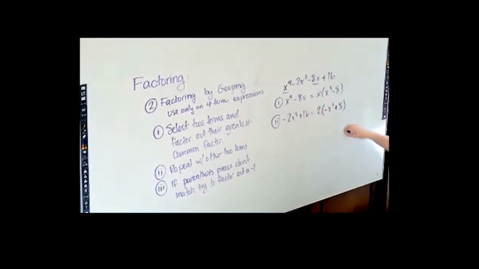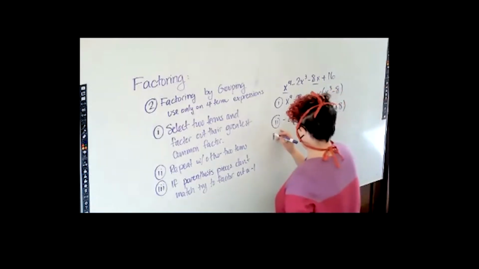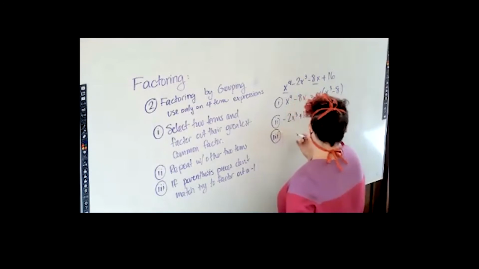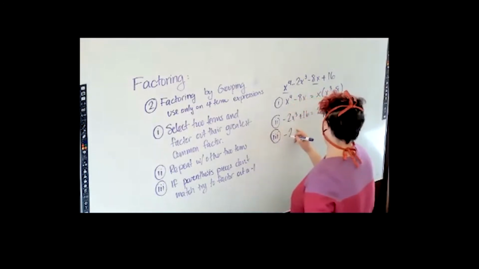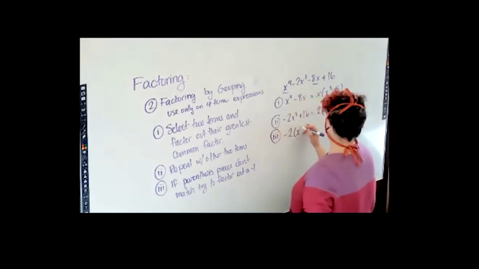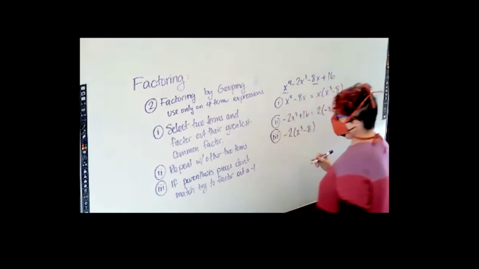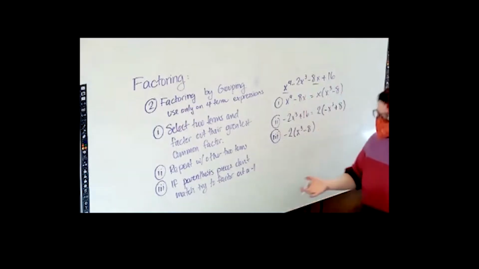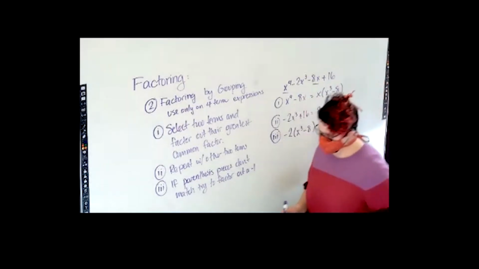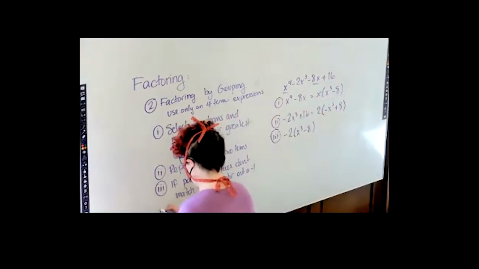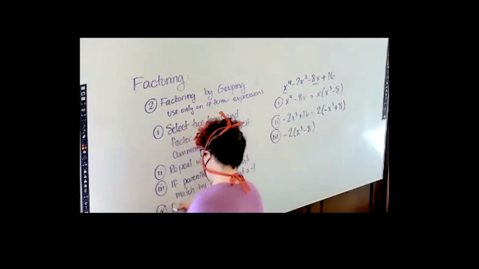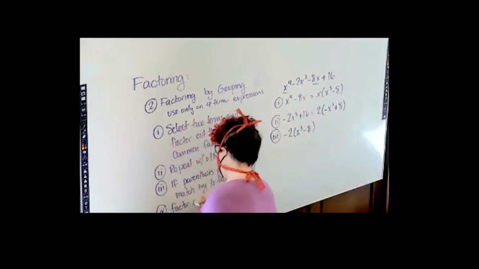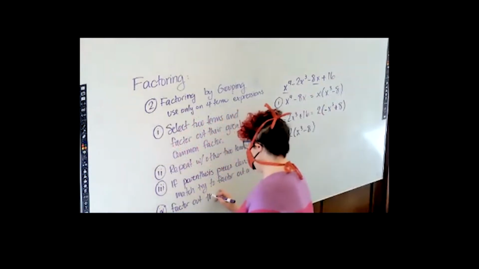But if they don't match a little, like this, factor out a negative 1. So that would be negative 2 times x cubed minus 8. I'm trying to demonstrate the mistakes that you will make at some point. Step 4. Factor out the parentheses term.